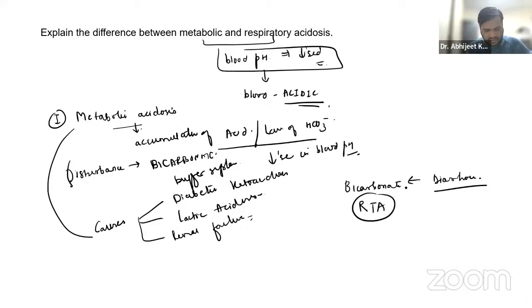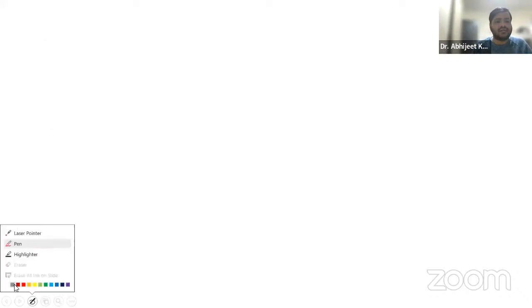We already know that in renal tubular acidosis there is a defect in the tubules of the kidney to reabsorb the bicarbonate, right? Coming on to the next one, that is respiratory acidosis.